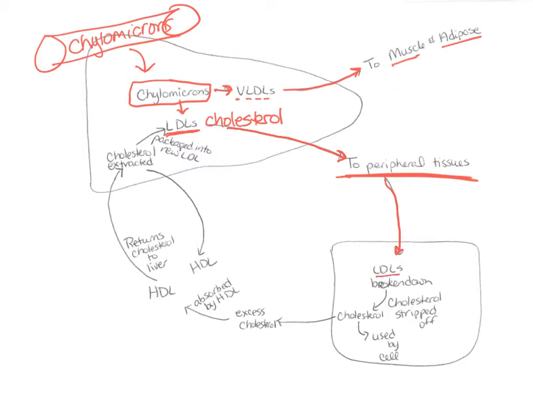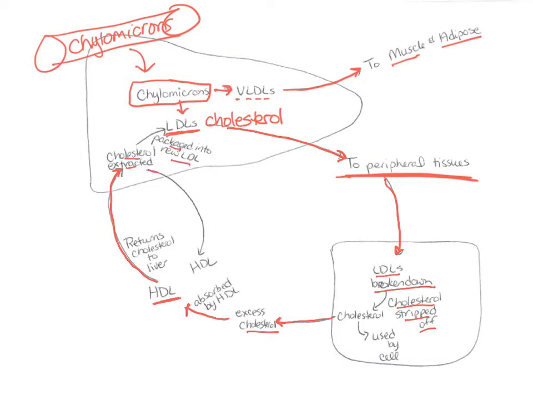And inside the cells, the LDLs are broken down. The cholesterol is stripped off, and then the cells can use the cholesterol. Any excess cholesterol then will go back into the bloodstream, will be absorbed by the HDLs. The HDLs then will return that cholesterol to the liver, and that excess cholesterol is extracted, and then it's packaged into new LDLs.